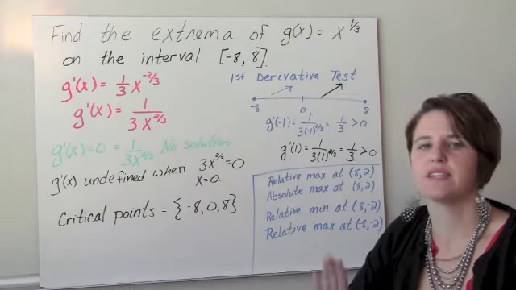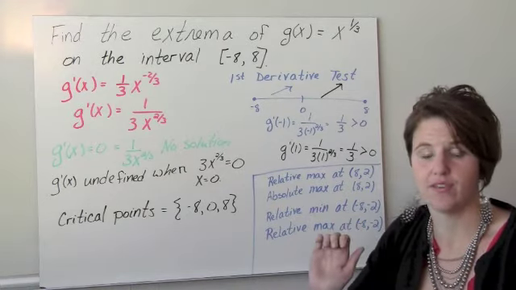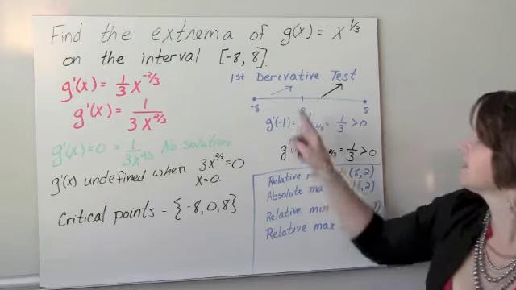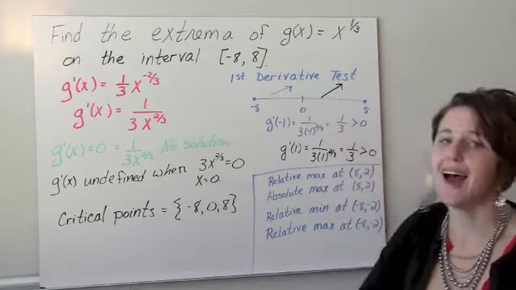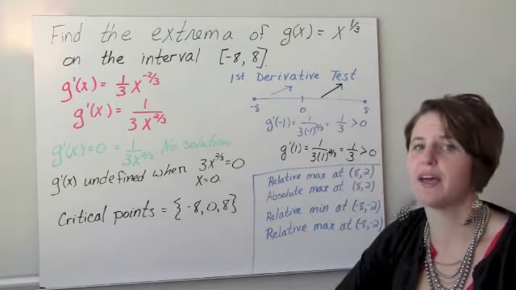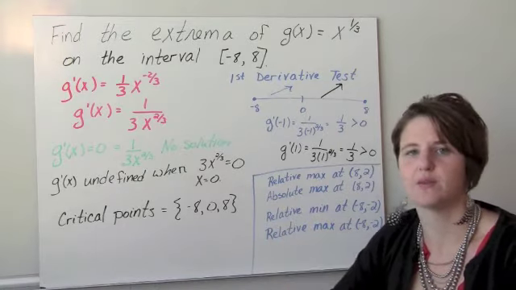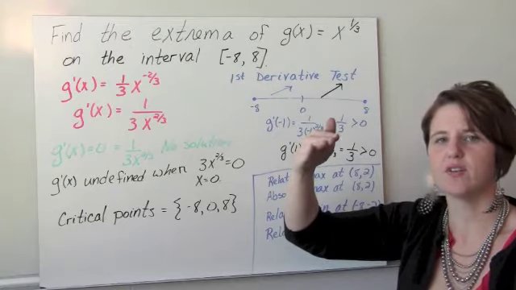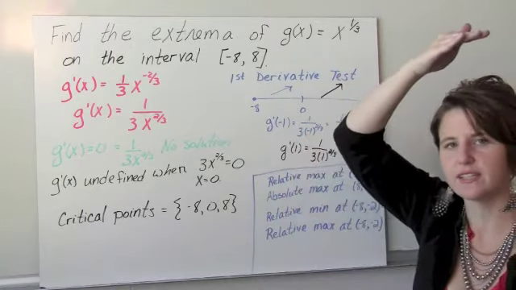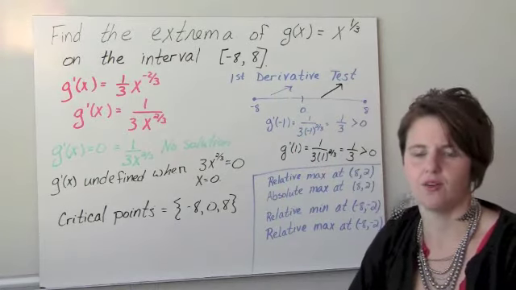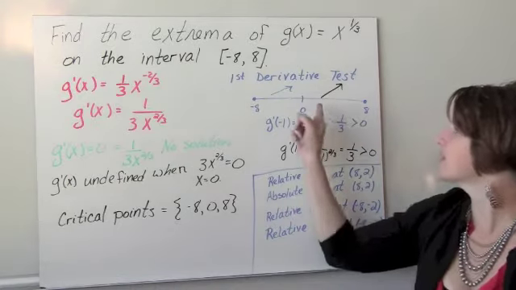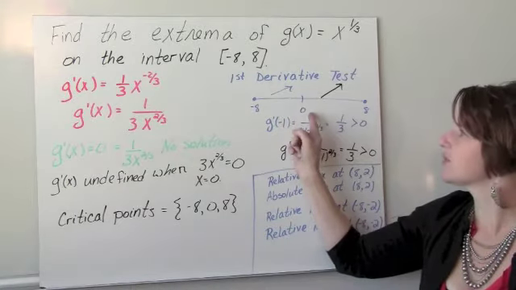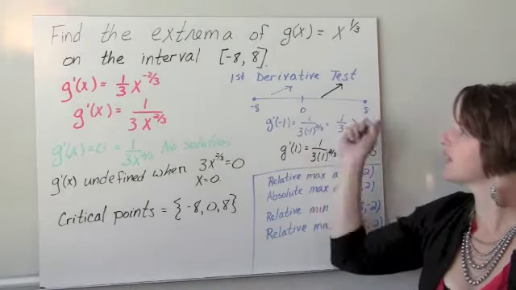So we're increasing from 0 to 8. And that means we do not have a relative extrema happening when x equals 0, because it's increasing to the left of 0, and then it continues to increase once we pass 0. And so there is no relative extrema here. They only occur at the left and the right.